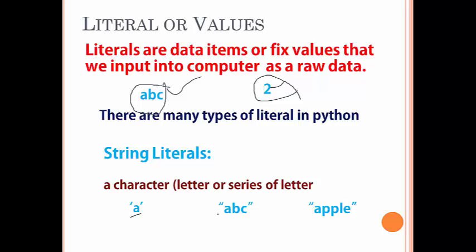Here is a group of letters, and this is also a group of letters. One thing you might have observed is that these are kept within quotes. Here is a single quote, and here are double quotes. You can keep them in triple quotes also, three quotes. Whatever it is, Python doesn't mind whether you put them in single quotes, double quotes, or triple quotes.